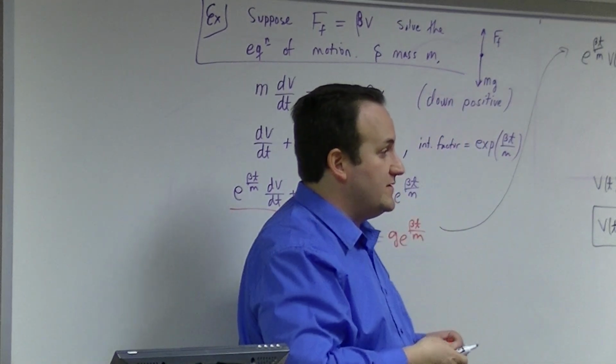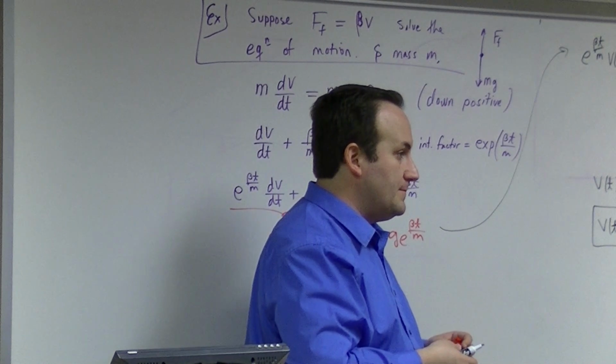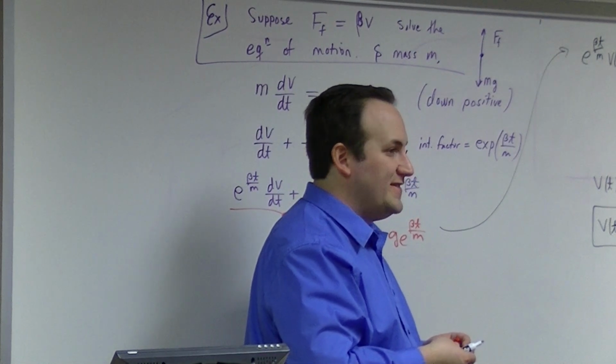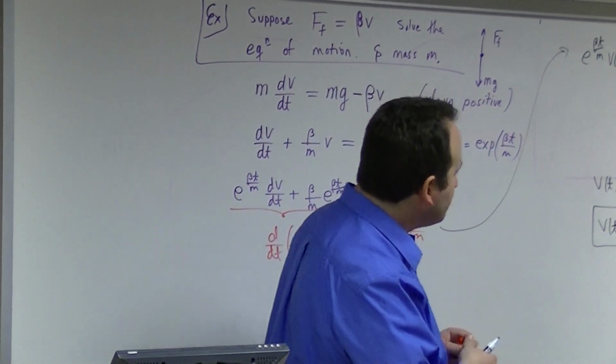Actually, with calculus 2, you can solve these kinds of problems with friction. They're not that bad. Now, it's fun to think about what happens as time goes to infinity.